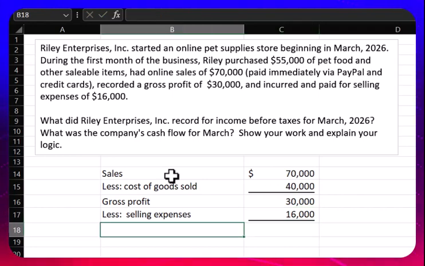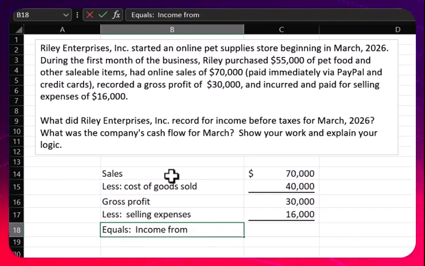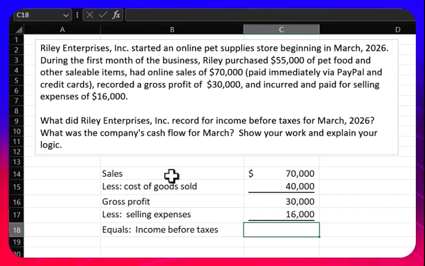And then we can calculate income from operations, or income from operations before taxes. So I'm just going to say income before taxes. The purpose of this is not to determine proper formatting. We just want to answer these two questions.